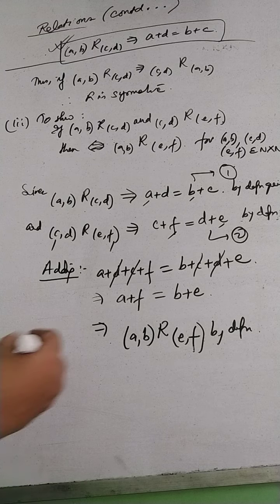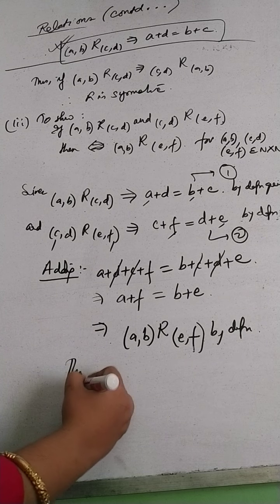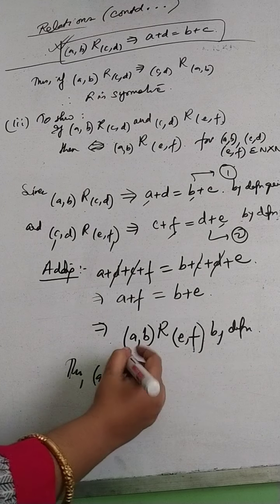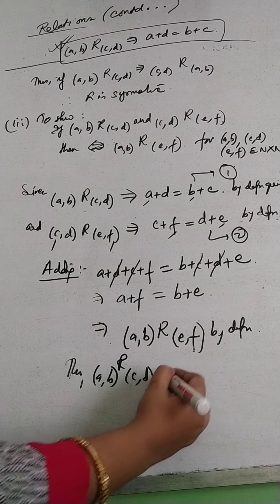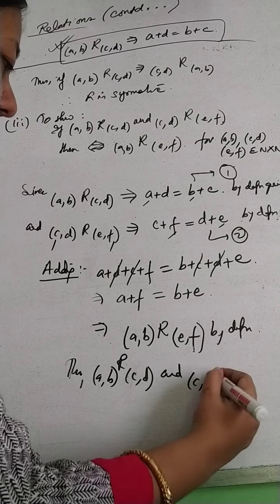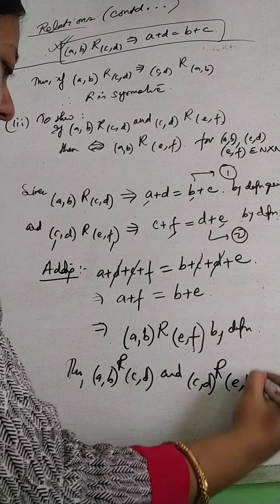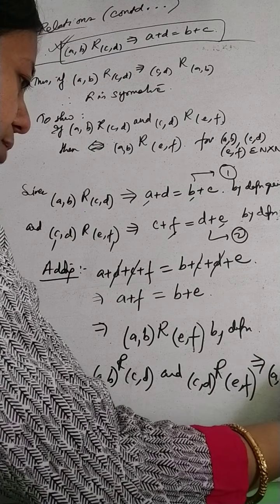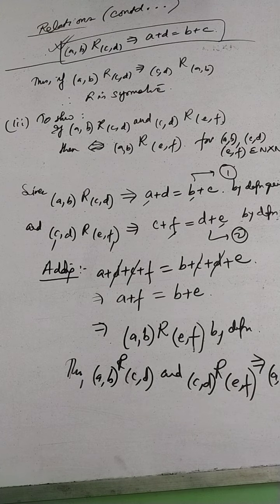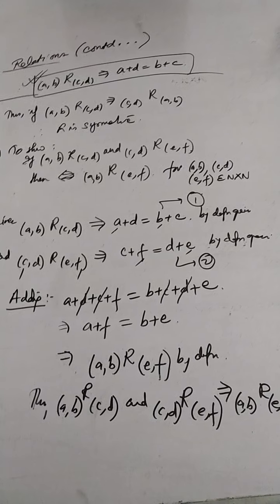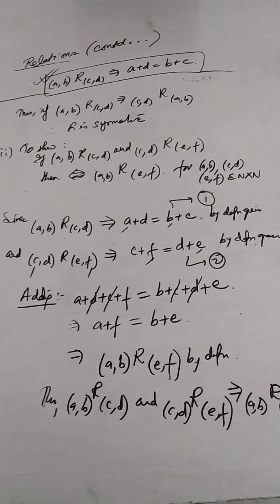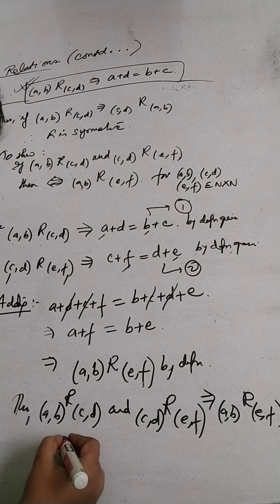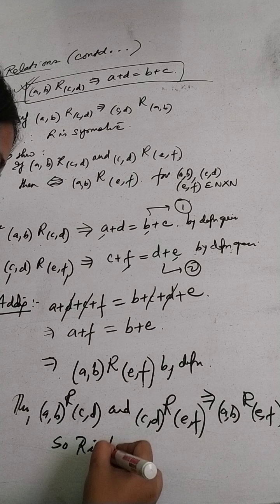So the conclusion will be, thus, AB related to CD and CD related to EF implies that AB is related to EF. This is what I have, and hence what is the final conclusion? Therefore, R is transitive. First you will write that. So, R is transitive.